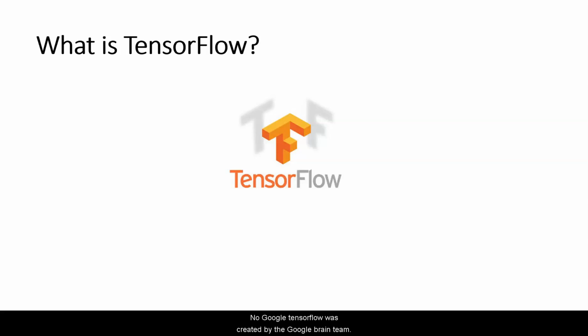Now, Google's TensorFlow was created by the Google Brain team, and it is an open source library which was first made public in late 2015, whereas the first stable version appeared around 2017.